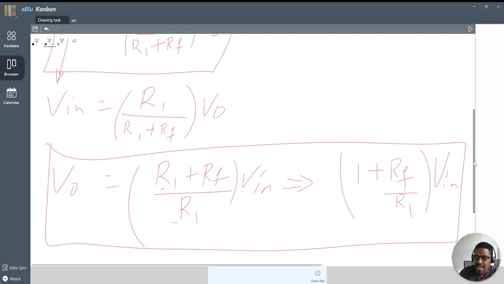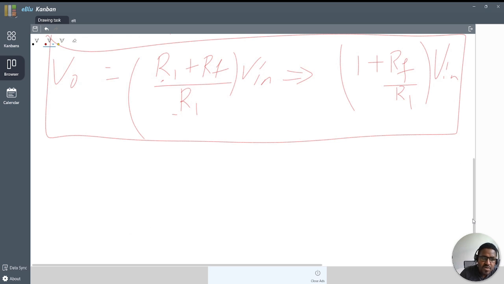Our main point is the gain of the non-inverting amplifier. Gain means the ratio of V out over V in, or the multiple of input signal and output signal. So V out over V in is gain.